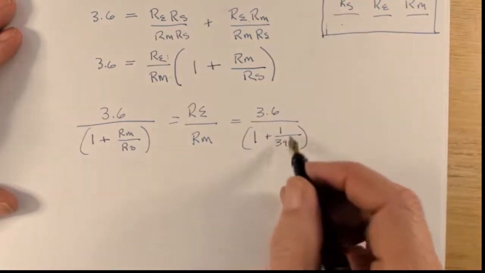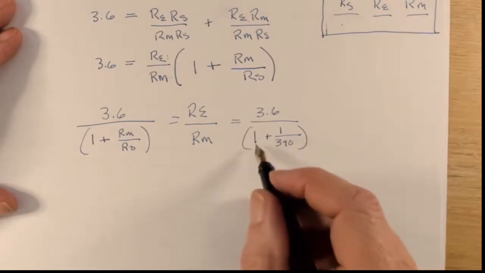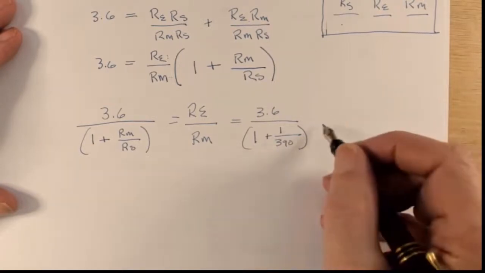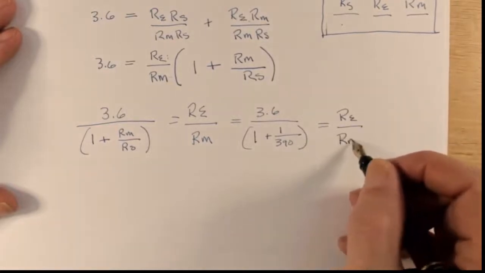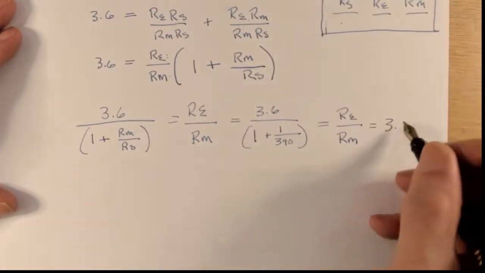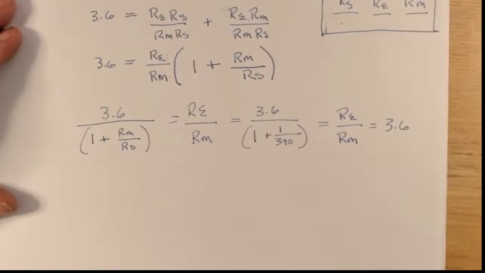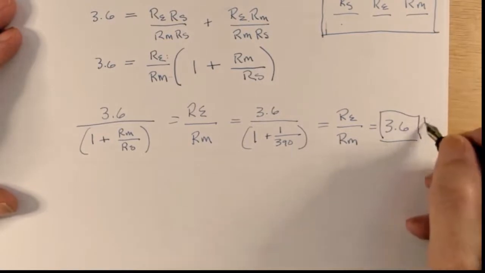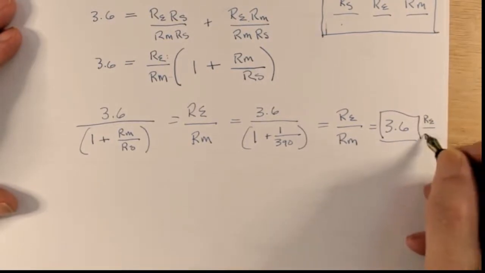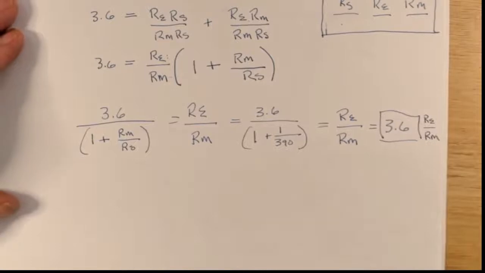That's a very negligible term right there, and this pretty much equals 1. So we can say that the radius of the Earth to the radius of the Moon equals 3.6. You follow through with that? We'll put it right there.